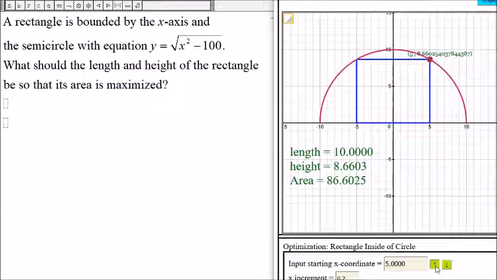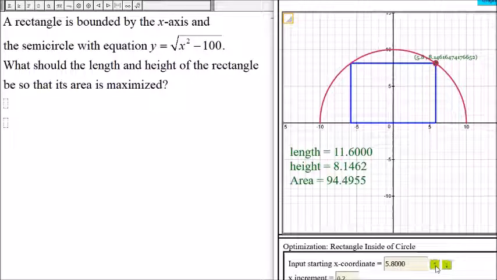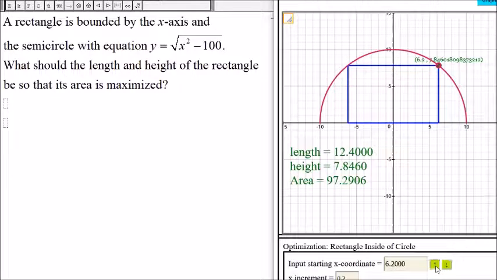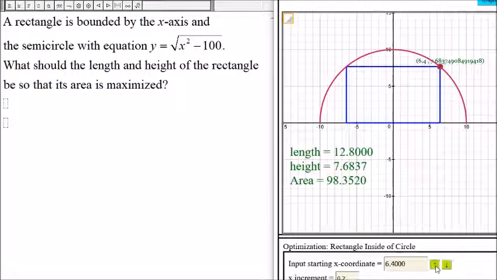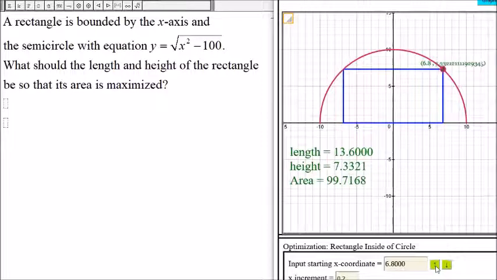Now we have an area of 86, 88, 89, about 90, 92, 95, 96, 97, 98, 99, almost 100.